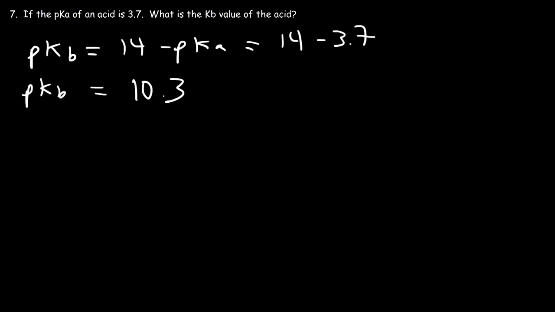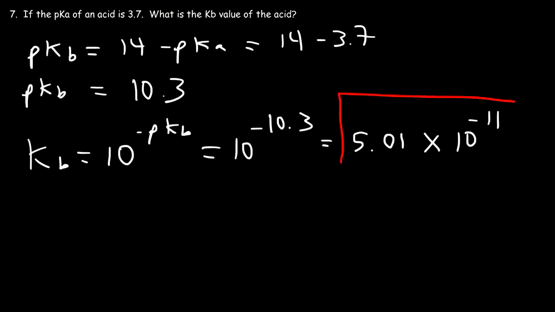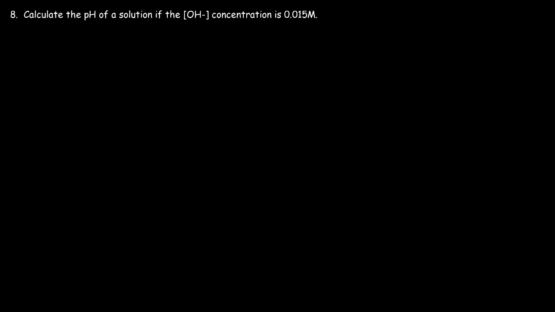So now that we have the pKb value, to calculate Kb, it's simply 10 raised to the negative pKb value. In this case, that's 10 to the negative 10.3. And that comes out to be 5.01 times 10 to the minus 11. So that's a simple way to calculate Kb from pKa.